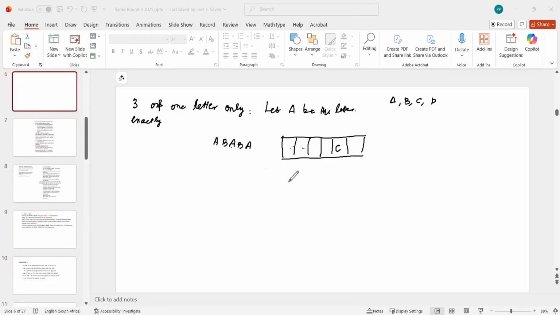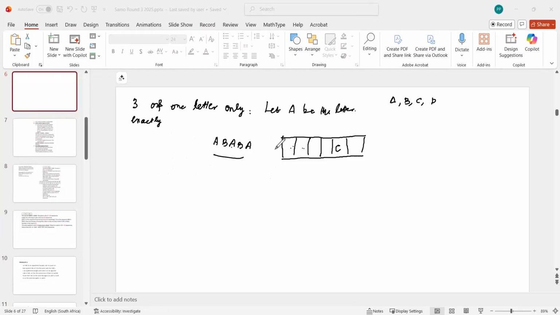In this case there are six possibilities, because the C can be placed anywhere, in any one of six places. And for each one of them, you can fill in the remaining five with that. So that is if three of A are there.